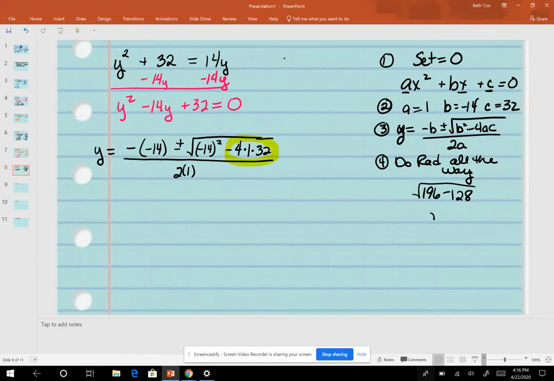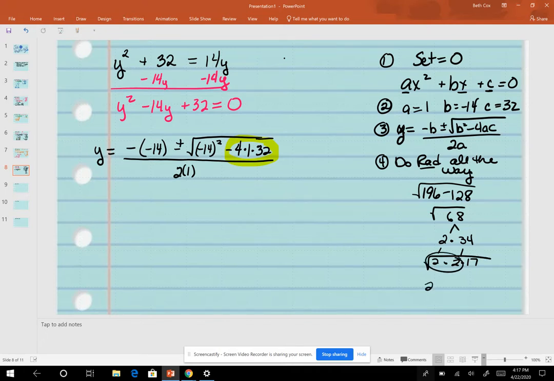Okay, so now I'm going to subtract that out. Again, I'm just doing the radical all the way. I'm going to subtract that, and I'm going to try to do it in my head. And I think I get 68. I think that's right, 68. Okay, so then I've got to factor that. That's 2 times 34, so that's going to be 2 times 17.